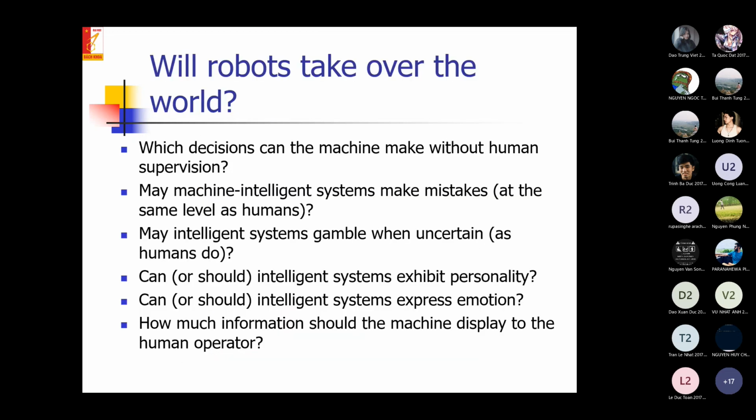So a big question for us is, when will the robots take over the world? And at least there are questions or problems we need to answer. For example, a decision which the machine makes without human supervision. Or may a machine intelligence system make mistakes.